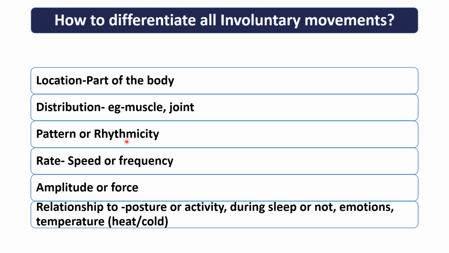Then we have to check the rhythmicity, then rate, speed or frequency, then amplitude and force, then relationship to posture and activity, whether it occurs during sleep or not, and whether it is exaggerated with emotions and temperature. So this will give us a clue about which type of abnormal involuntary movement this is.